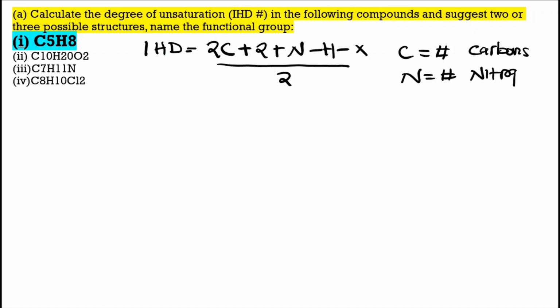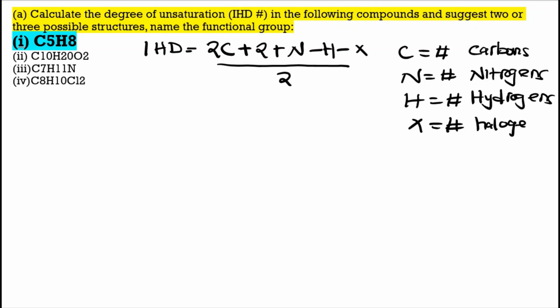The H stands for the total number of hydrogens. And the X stands for the total number of halogens that are present in a compound. Each IHD value, the degree of freedom, has a different interpretation, and from the value we can tell what type of structure the formula is.